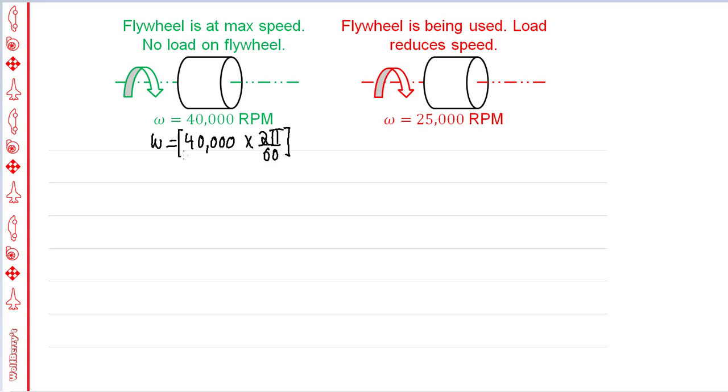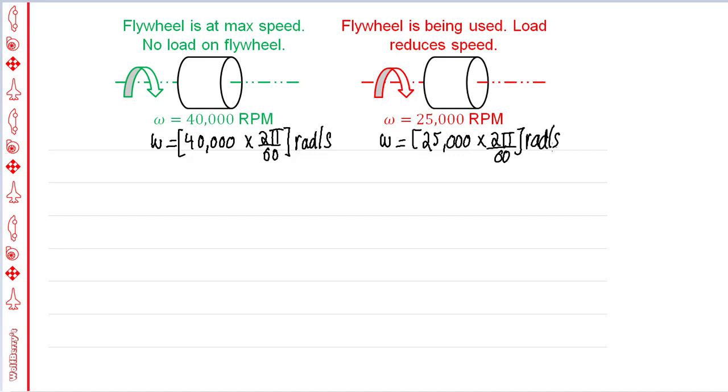That gives you rad per second. We can do the same thing here. We can say omega is equal to 25,000 in this case, multiplied by 2 pi over 60 rad per second. So that's the two angular speeds of the flywheel at each given moment in time.